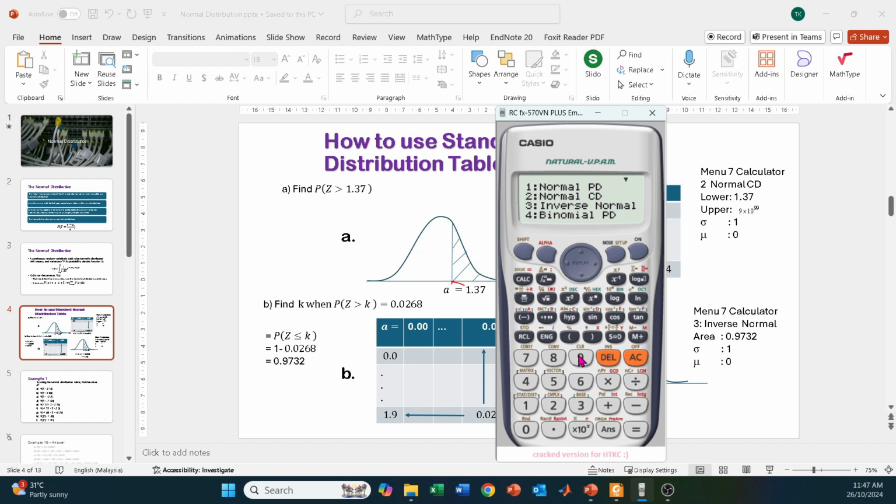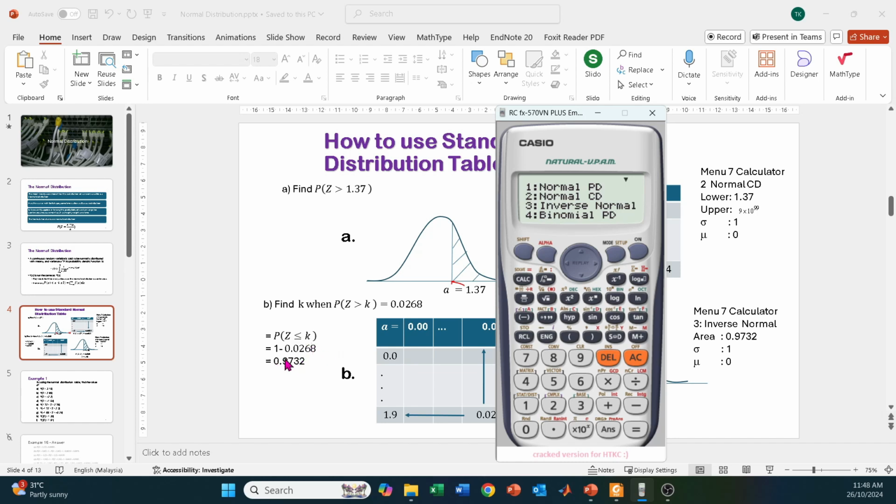But remember, the scientific calculator gives the area less than or equal. So the right hand side area is 0.0268, the left hand side area will be 1 minus 0.0268, which is 0.9732, and this is equal to the probability of Z less than or equal to K.